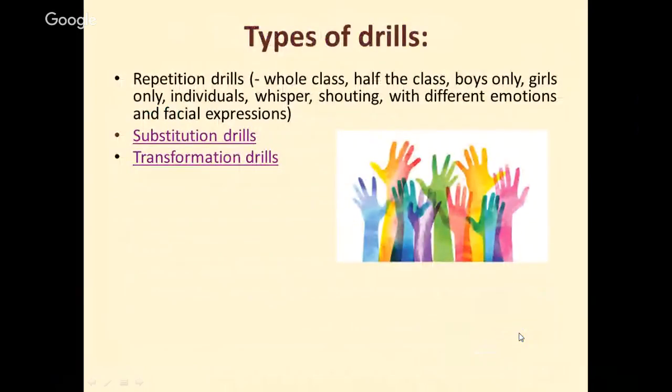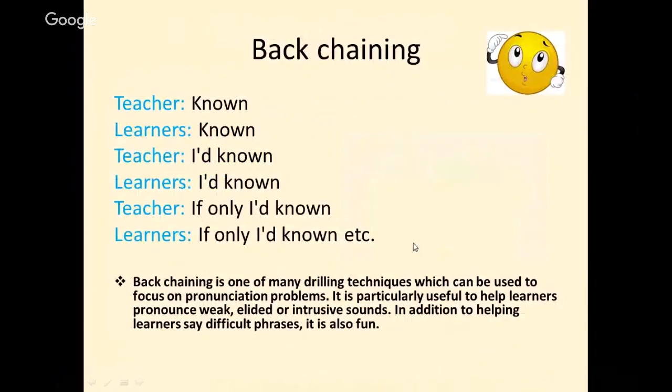The next type is back chaining, also good for upper levels as well as for lower levels. It's good with long phrases, functional language, which consists of some long phrase, and the teacher starts from the back and adds every time one more word or one more phrase. So here we have, if only I'd known.